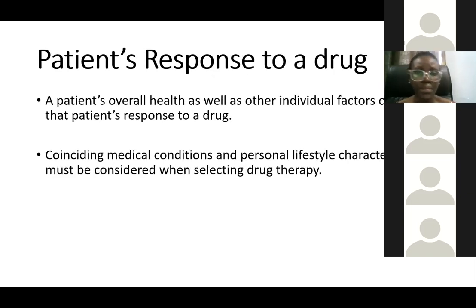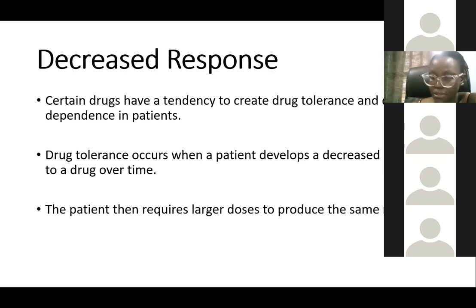Now let's look at the patient's response to a drug. A patient's overall health as well as other individual factors can alter the patient's response to a drug. So certain medical conditions or the lifestyle of the patient should also be considered when selecting drug therapy. Decreased response to the drug can occur when the patient develops a tolerance to the drug.